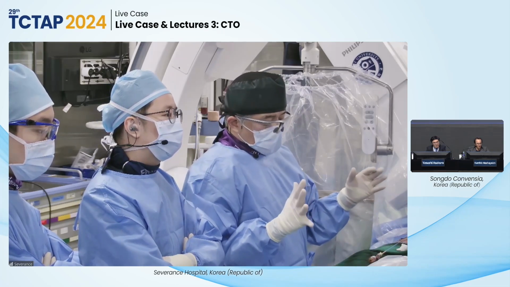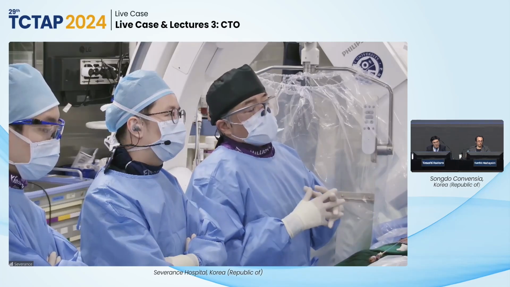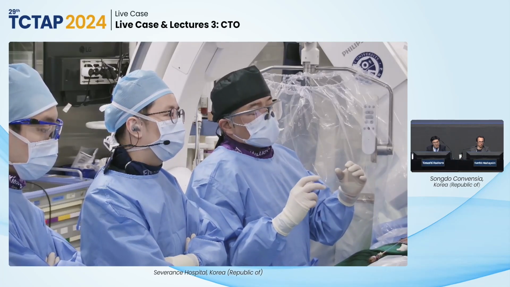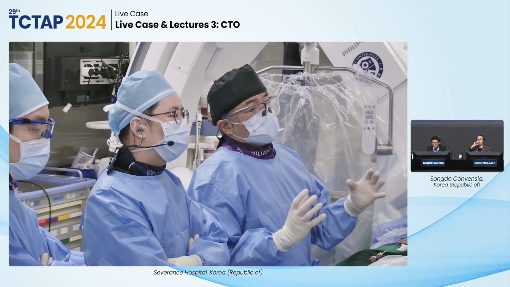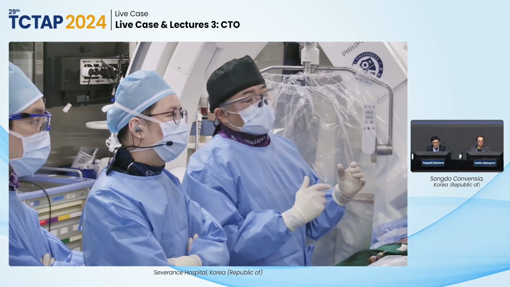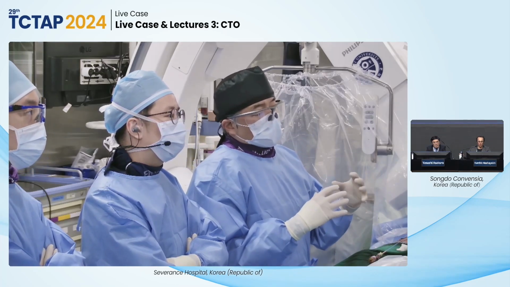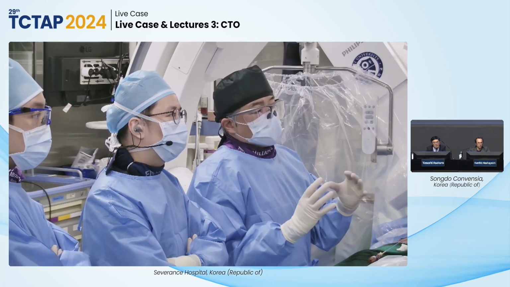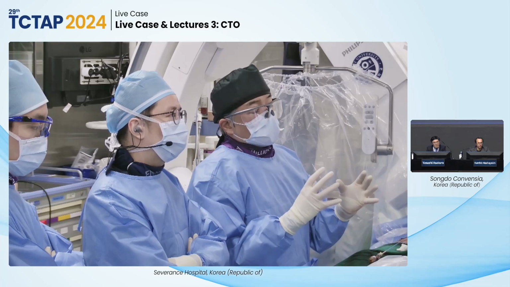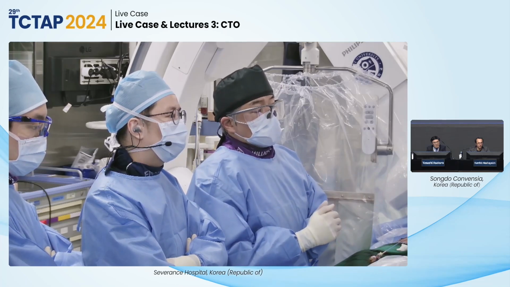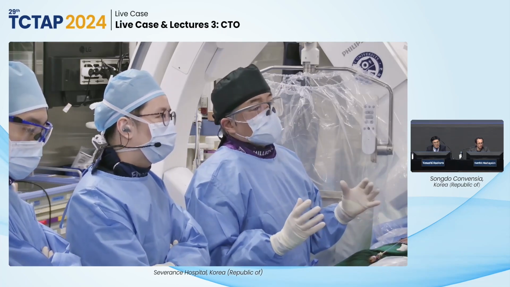Okay, so originally this case is anyway a 3 vessel disease, with 2 CTOs, circumflex and RCA. Previously we already discussed the treatment of this patient with his family members, and they wanted to perform PCI.